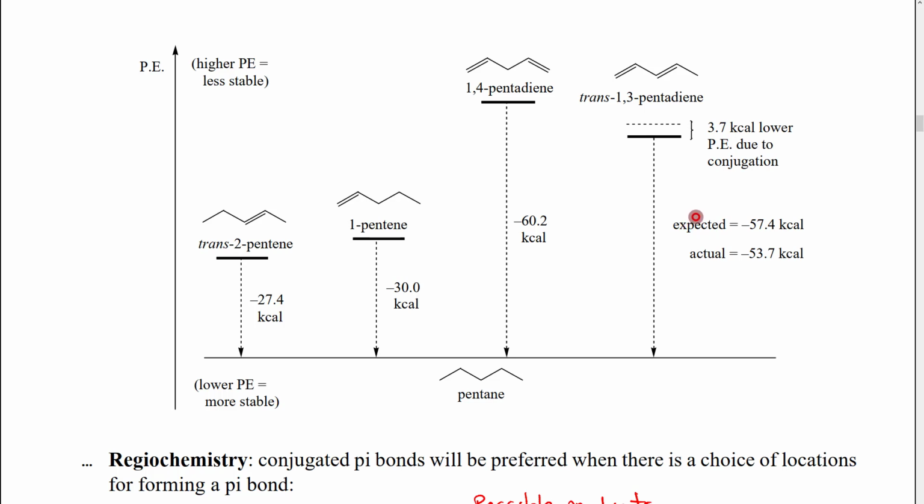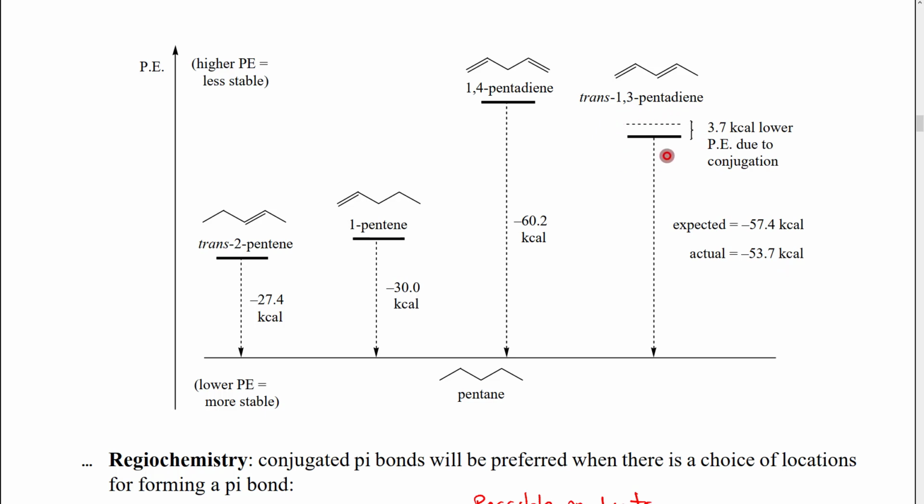It turns out when we actually do this experiment, the amount of potential energy released is actually almost 4 kilocalories lower than we expect. So 30 plus 27 is 57.4 kilocalories. Instead, we actually get only 53.7 kilocalories.